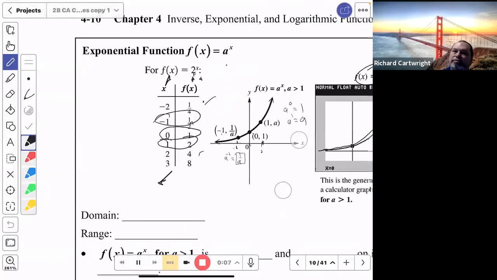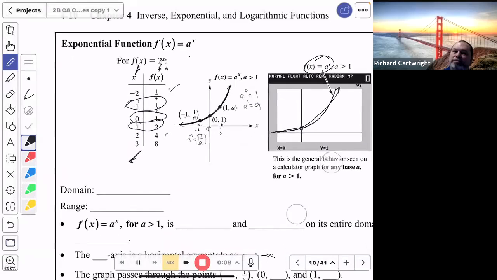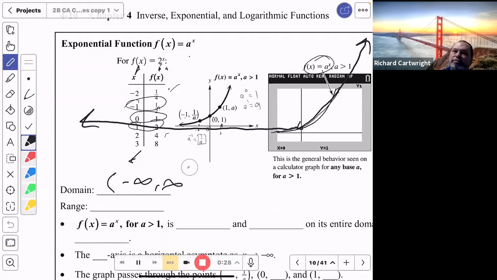Okay, now looking at this parent function for exponential growth, you should realize that as you go to the left, we already talked about that the domain is all real numbers because you can keep going forever to the right and forever to the left. So I'm going to write domain as negative infinity to infinity. It always will be, always for an exponential growth. There's never any breaks, okay?